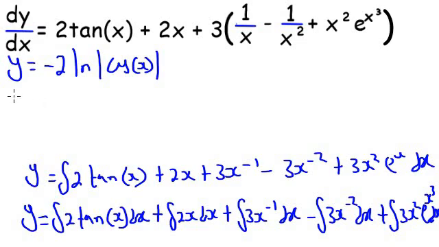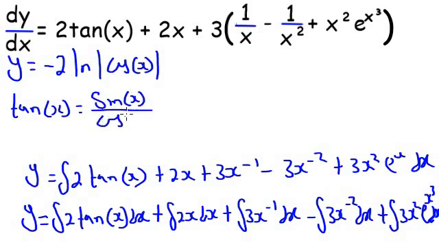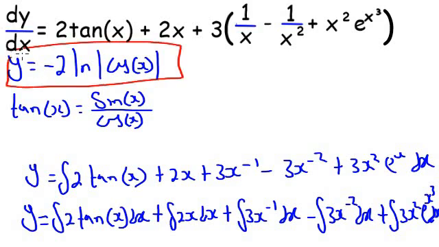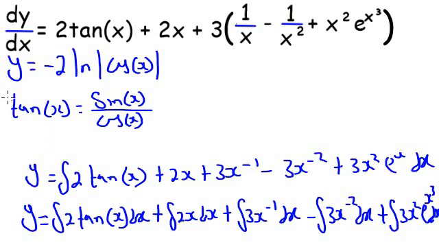We all know that tan x is the same as the ratio of sine x by that of cosine x. So let me use different colors so you won't misquote it. I will still come back to this, but I just want to make a clarification on how the integral of 2 tan x turns out to be this.